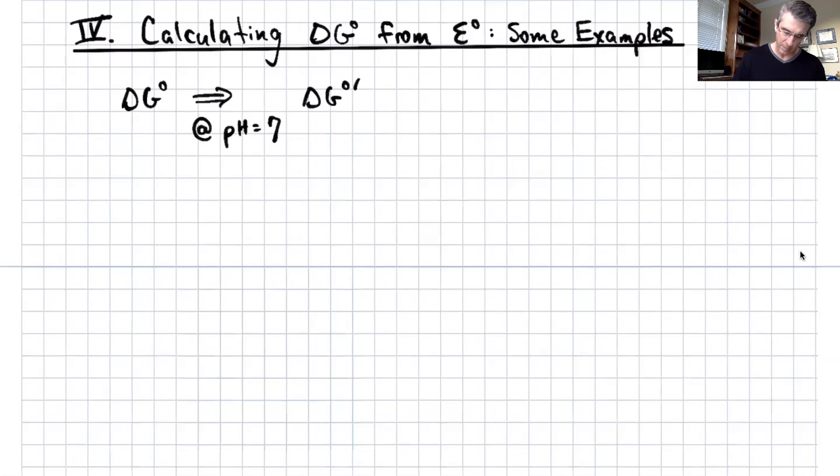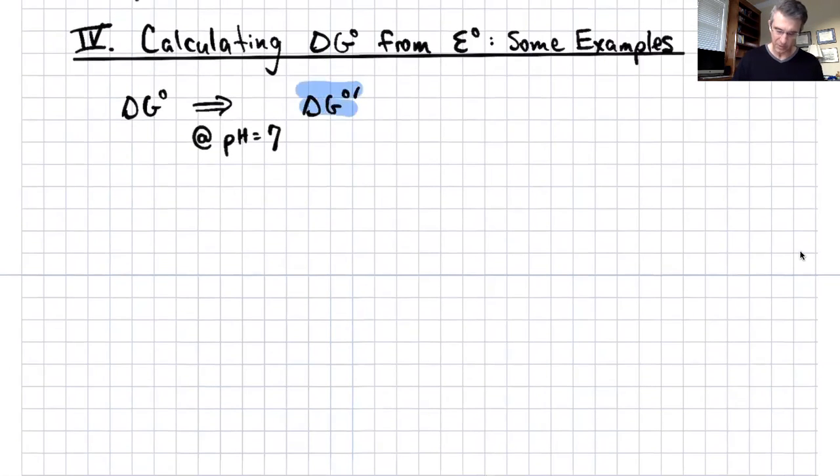For the way in which biochemists tend to want to think about standard state free energy values versus chemists. We're always thinking about this at pH 7. And so our standard state free energy values get this additional little prime to remind us that that's standard state conditions at pH 7. Well, something analogous also happens when biochemists think about redox reactions.